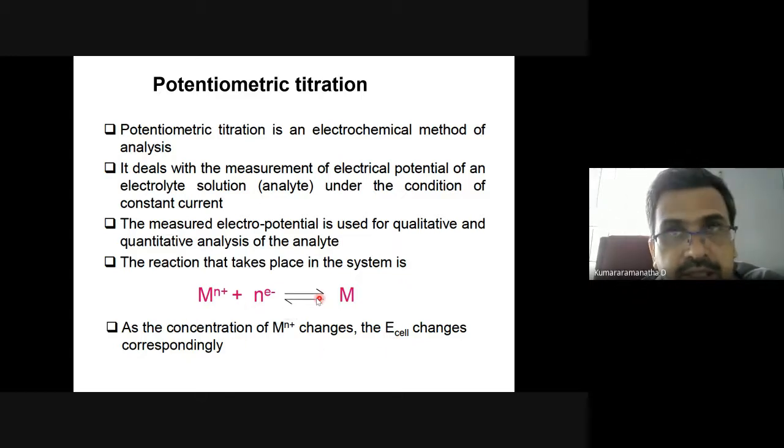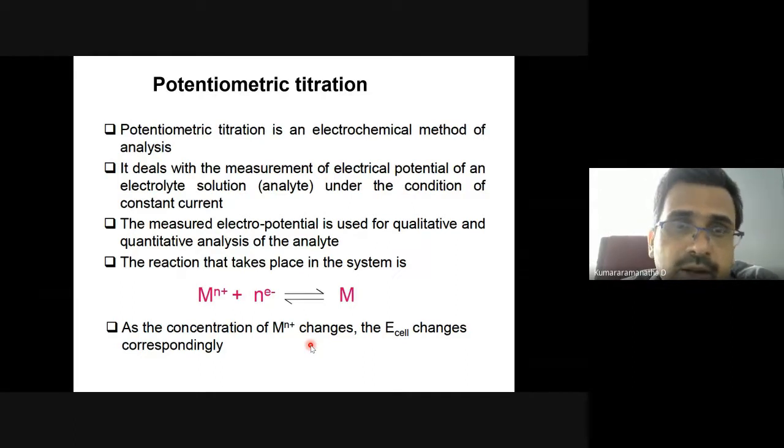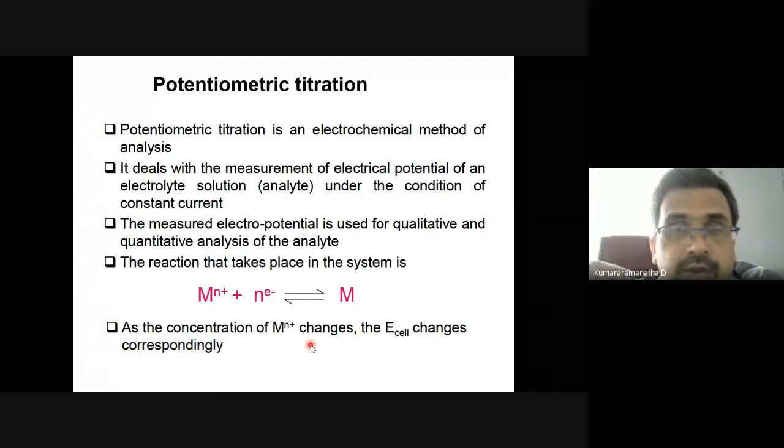Because of this change in ionic species, we see the cell potential varies. The best example being Cu0 to Cu2+, or Fe2+ to Fe3+, where the electrode changes will be affected in the EMF.